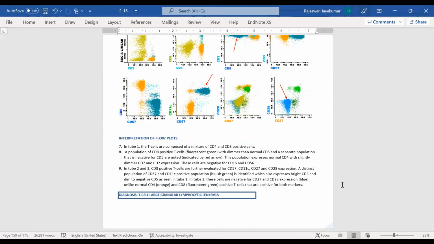For example, these need to be persistent for 6 months, and there should be no other reactive etiologies identified, and there should be more than 2,000 of these cells circulating in the peripheral blood, and they should have associated cytopenias and organomegalies. So all these things you have to have to call it leukemia.